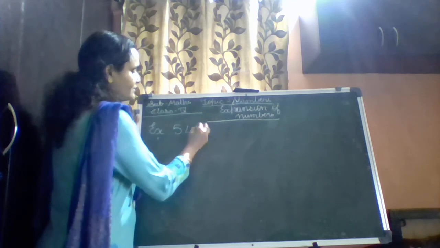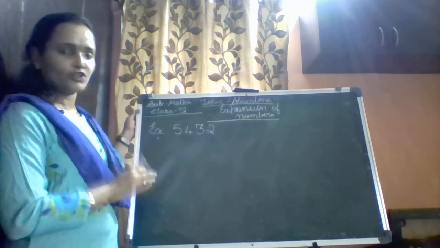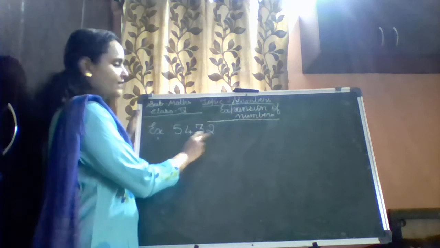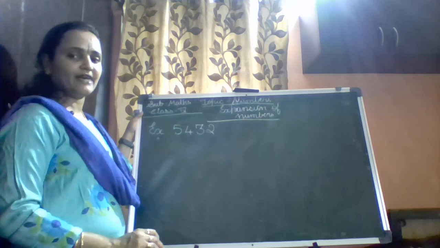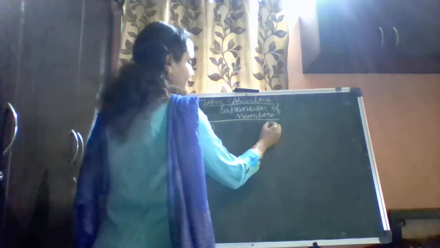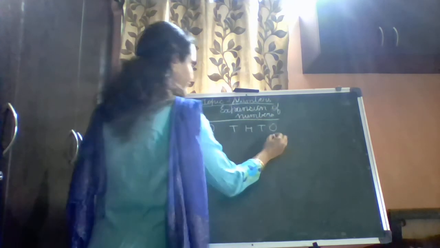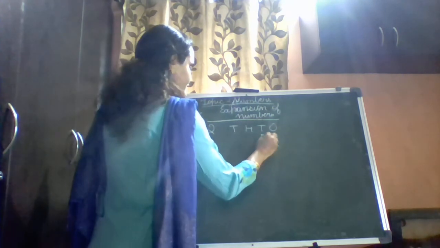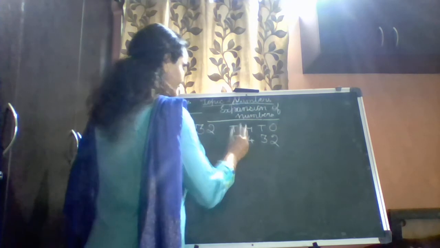5, 4, 3, 2. You have only a 4-digit number, so I'll just stop it here. So what you have to do is first write the place values of the number. So we write it as 1s, 10s, 100s and 1000s. Now write these numbers below the place value: 2, 3, 4 and then 5.